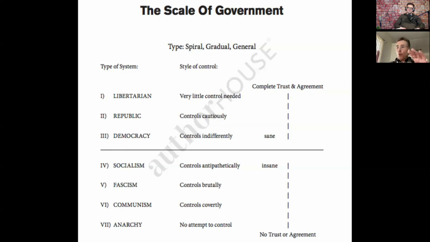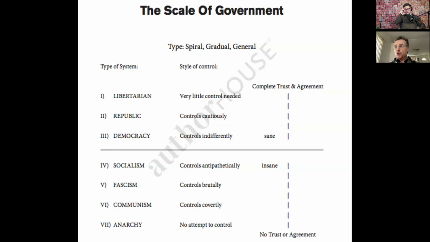So there is one paragraph in the chapter in which I go through the entire history of the United States in one very long sentence and explain how it went from the Articles of Confederation, which was the original government of the United States, which was a libertarian government. And I show with specificity, with dates, how it went down to now it's at level 5.